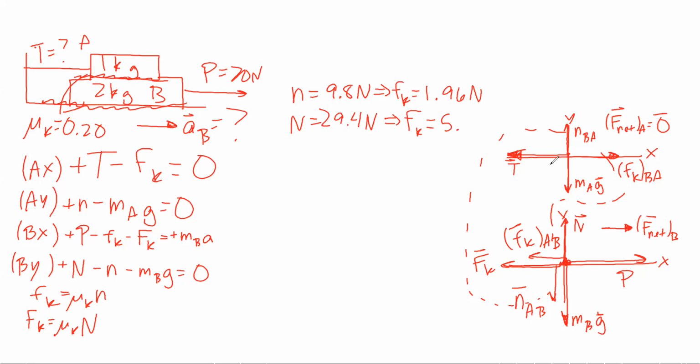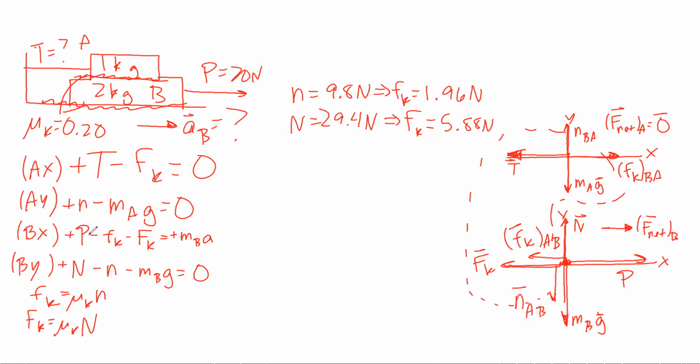All right, so N is 3g, and 0.2 of 3g is 0.6g, which is 5.88. Good. Okay, and then we got the 20 here.